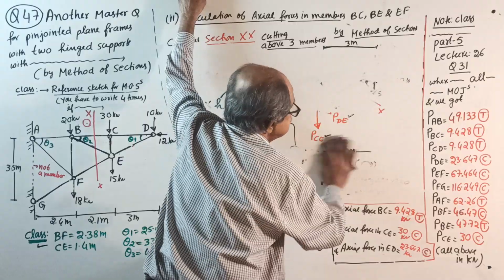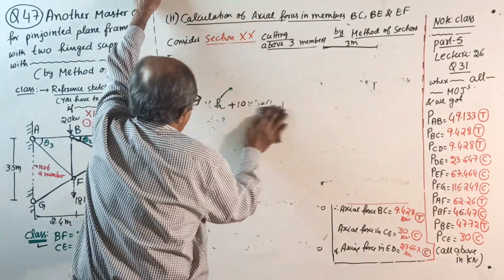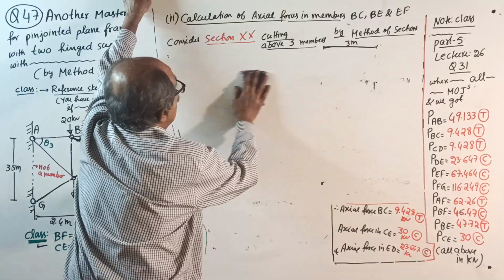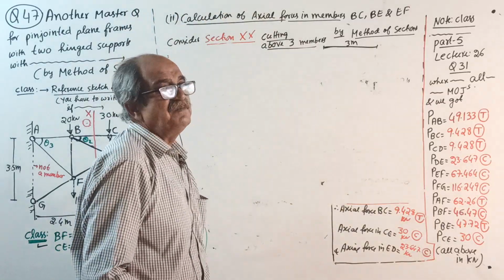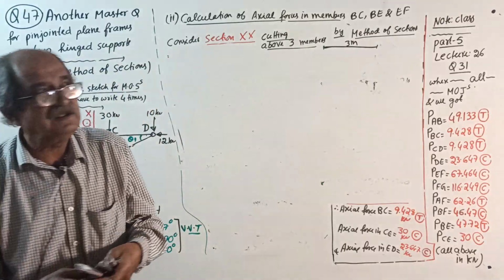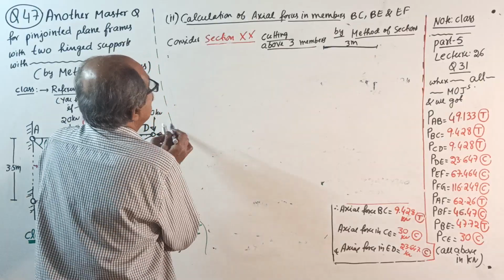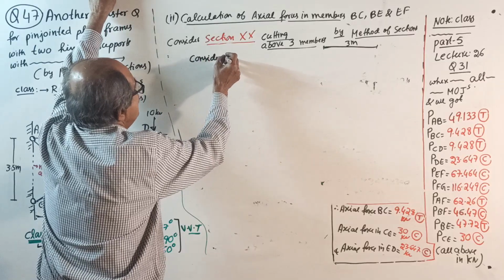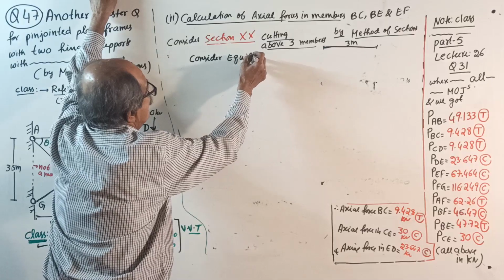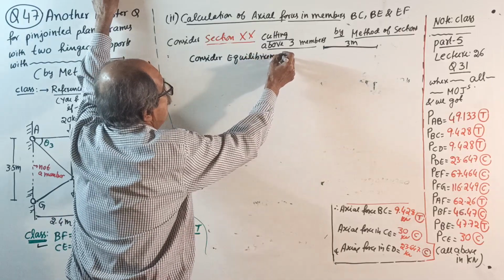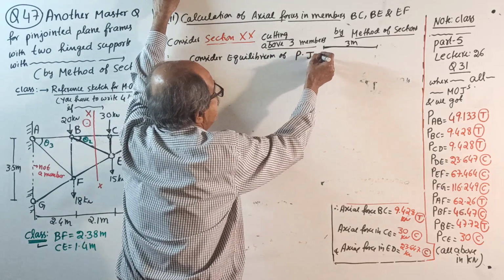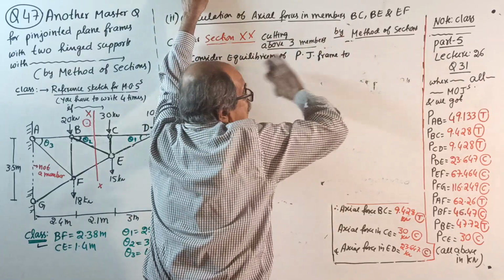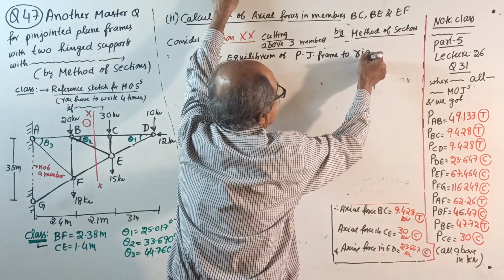This I am not removing. Oh, I forgot to write one thing last time. You should write one statement there. Consider equilibrium of pin jointed frame to the right of XX.